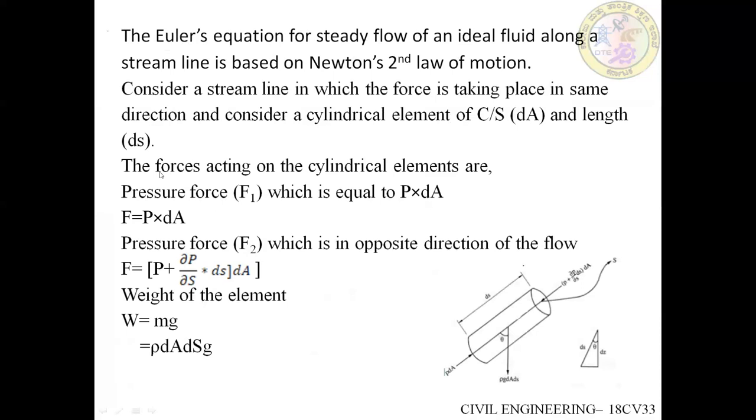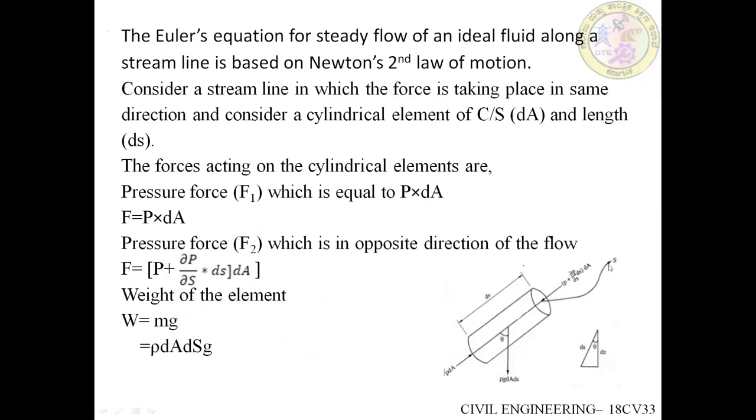Next, considering the forces acting on the fluid element, the first force is along the direction of the flow. Since force is equal to pressure into area, the first force F1 is equal to pressure P into the area of the cylindrical element dA.